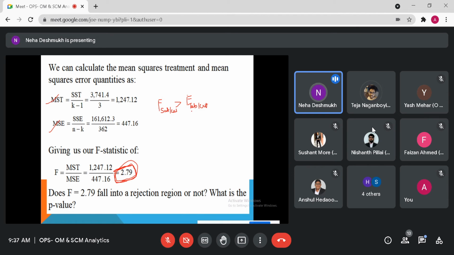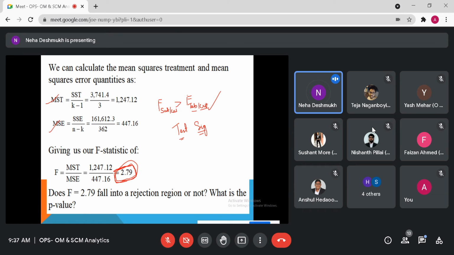Yes, ma'am. And F tabulated is from the table, like a log table. You can get the value of F from the F table, or in Excel you will directly get the critical value. So when F statistic or F calculated is greater than F tabulated, the test is statistically significant, right?